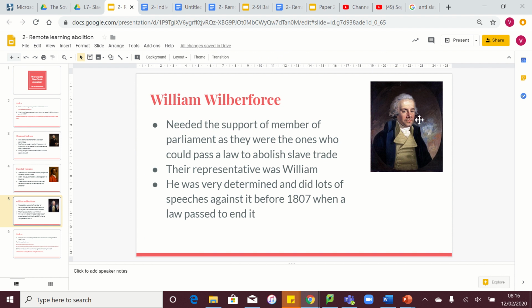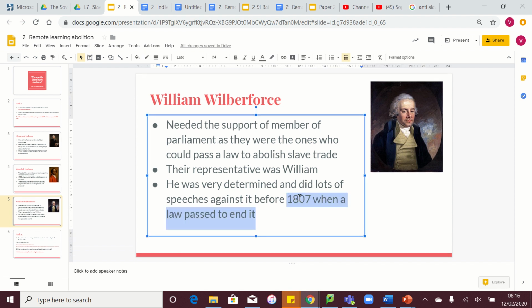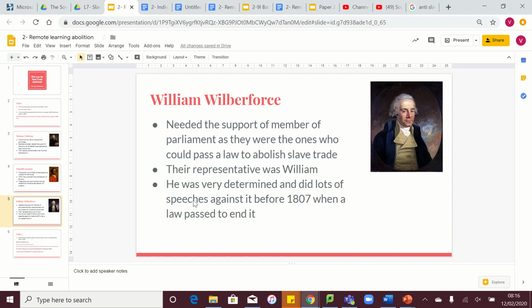He was a member of Parliament, so he sat in Parliament and voted on laws. He was very passionate about ending the slave trade, and he regularly put forward the idea that it should end. Eventually, in 1807, he was rewarded for his campaigning, and a law was passed to end it.